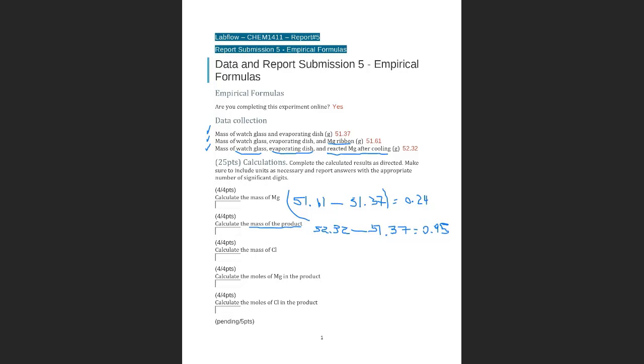This is the mass of the product, and this is the mass of magnesium. If you subtract the mass of the product minus the mass of magnesium, you are going to obtain, in this case with my data, the grams of chlorine. Does it make sense?